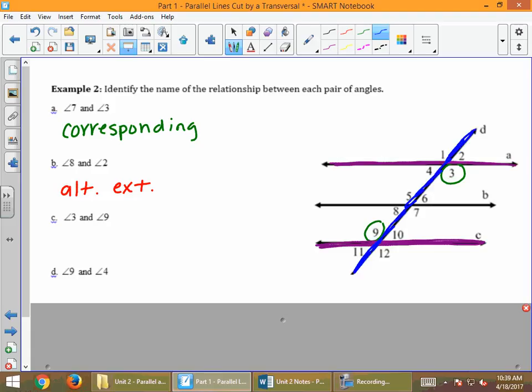Ignore B. We're just focusing on this side here. That's like not even there. So if you look, where 9 and 3 are, they're both inside your parallel lines, they're in between the lines, and they're opposite of each other. So they're inside and opposite, that would make them alternate interior angles. Again, you can abbreviate, so you don't have to write all those long words out.